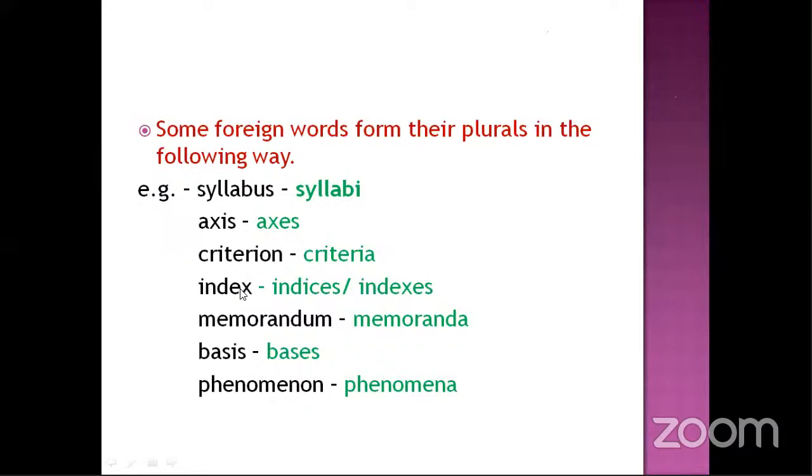Next one, index, indexes or indices. We can use both ways to pluralize this word. Next one, memorandum, memoranda, basis, bases, phenomenon, phenomena. Now you have to remember the spellings for these words and the pronunciation also.